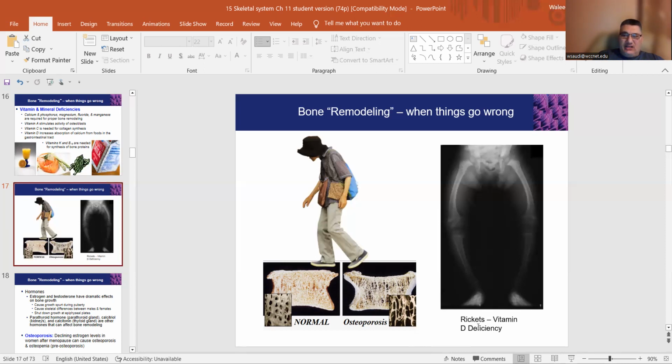Vitamin D deficiency, and vitamin D is needed to absorb calcium, simply. You don't have vitamin D, you don't absorb calcium, your bone is weak. Simple. So if you are a child and you don't have enough vitamin D, you will not absorb calcium and you get rickets. In old people, more in females than males.